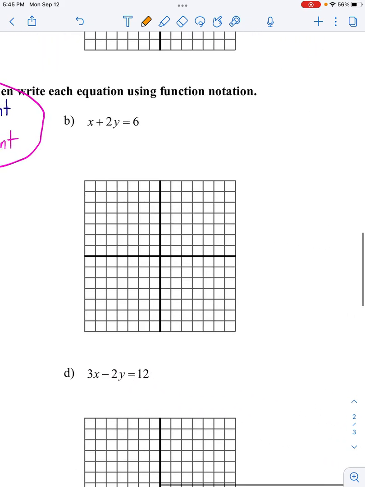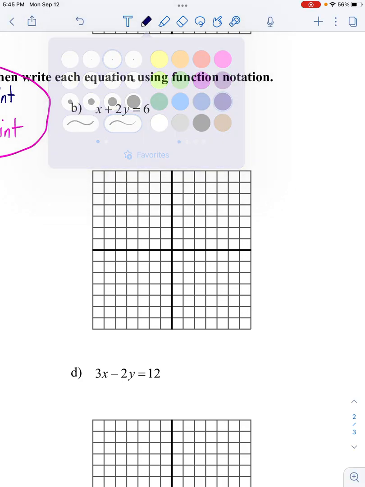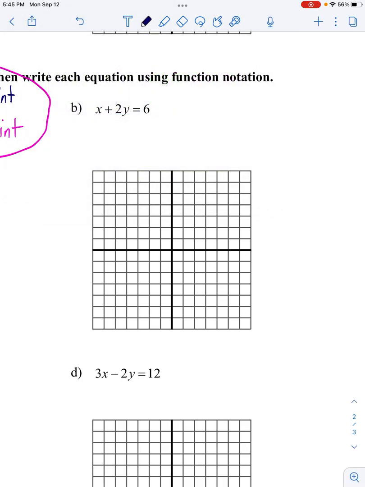Part B, same thing, same deal, right? My y-int, I'm going to set x equals 0, so 0 plus 2y equals 6. All right, 2y equals 6. Y equals 3, so my y-int is 0, 3.